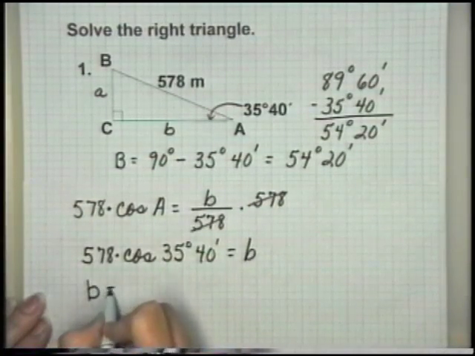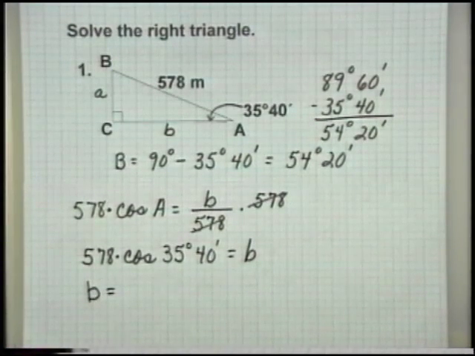So that's what B is. I won't go through those steps again. If you need to review how to find the trig function values for an angle in degrees and minutes, then there is a tape on calculating the trig function values, and you might want to review that tape.